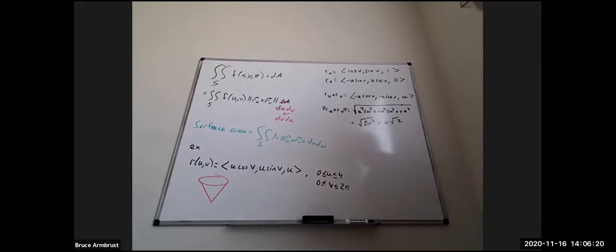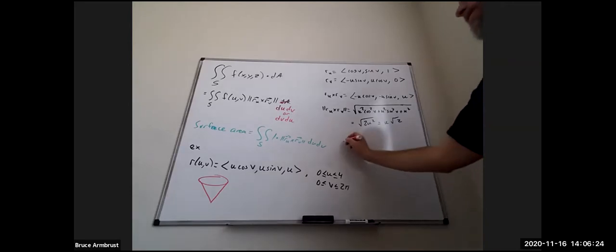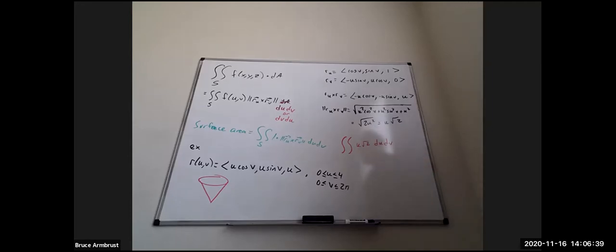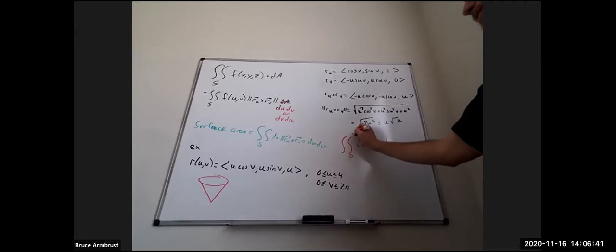All right, so now let's set up our double integral. So we're going to do the double integral of U root 2. In terms of du or dv, doesn't really matter, so I'll do du dv. The u's go from 0 to 4.